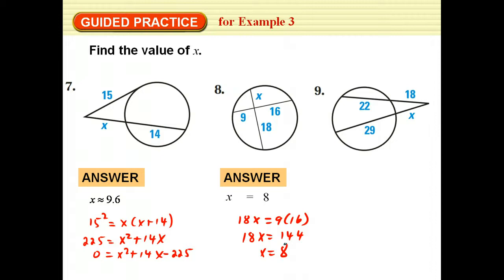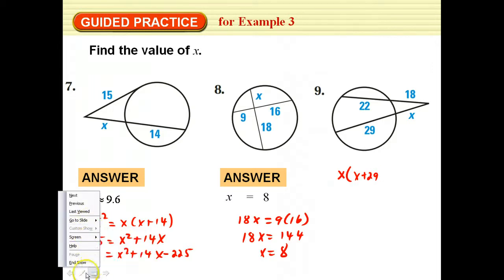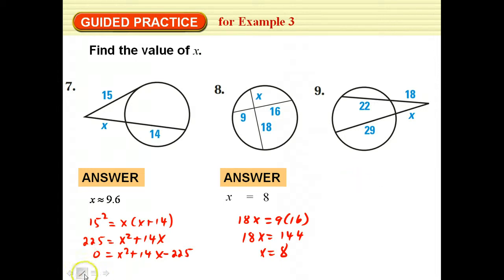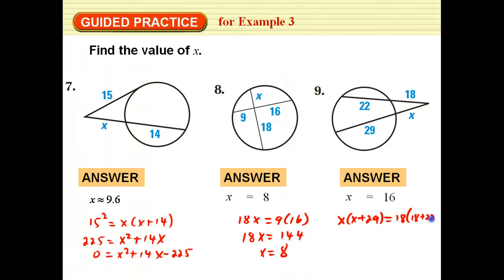In this one, let's think about it. What we've got is two secant segments, and for my secant segments, remember, the x must be multiplied times the whole thing, x plus 29. Well, I'm writing that right where the answer is going to show up, so let me erase that and move it down a little bit. Your answer that you will get is 16 when you say x times x plus 29 is equal to 18 times 18 plus 22.